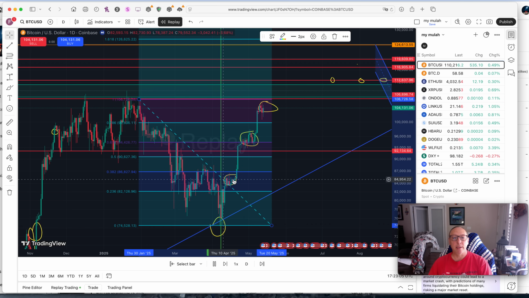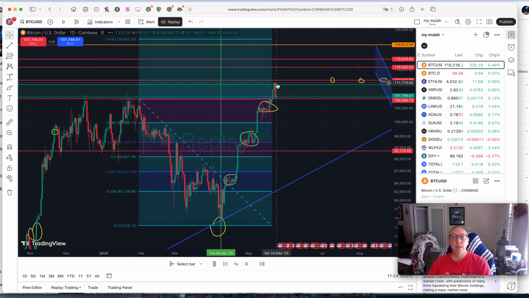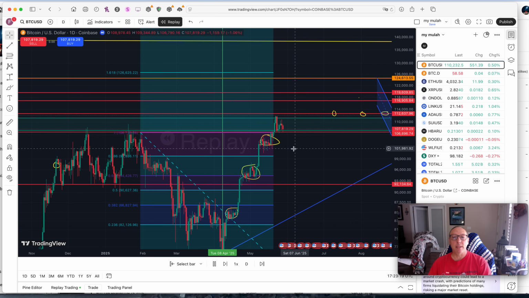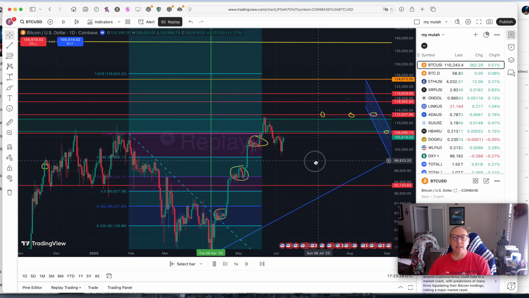So they break, range, break. This one didn't range, it just broke all the way up past the second level, range, break, range. Now it's rejecting off the next level, and then it broke through, and it's rejecting off the next level. Yeah, we wanted to see after this level here break all the way up to the 1.618, but it just starts ranging, and just watch it reach these levels.